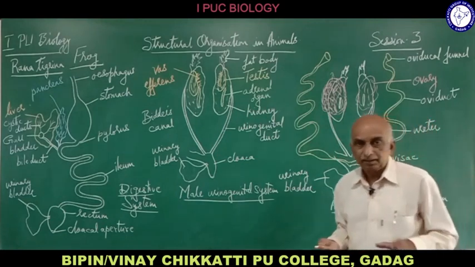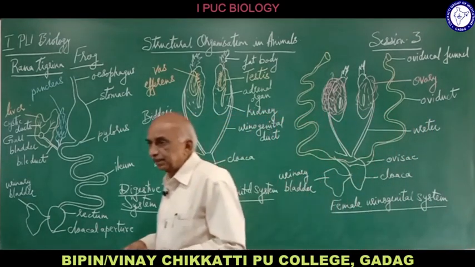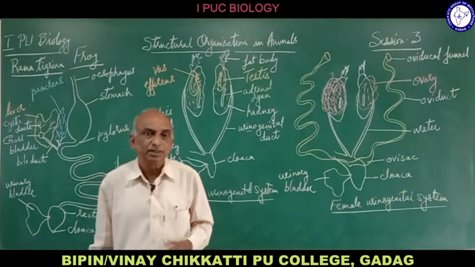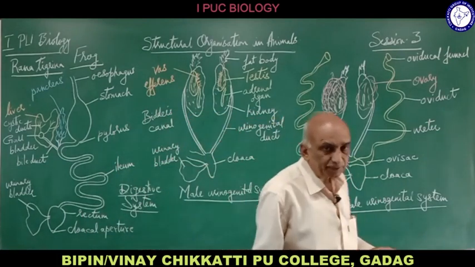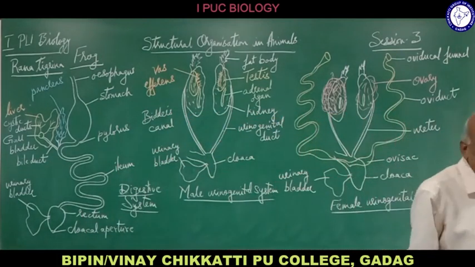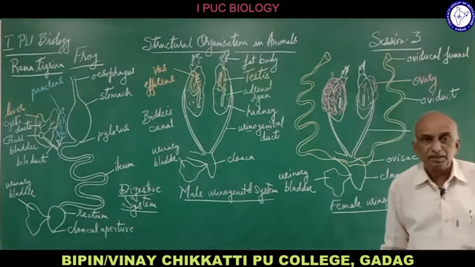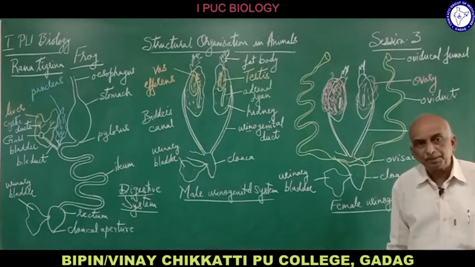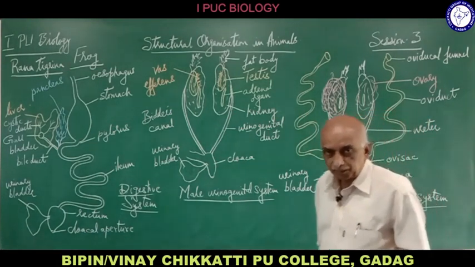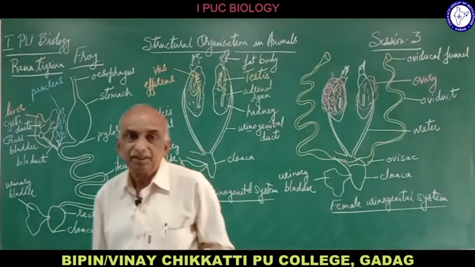Anatomical changes also take place: the gills are transformed into lungs, the heart is well developed, and other systems are well developed too.